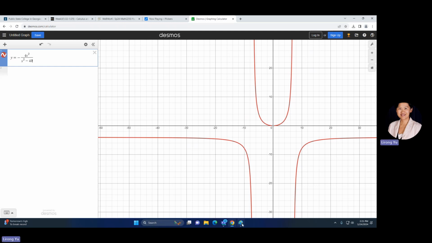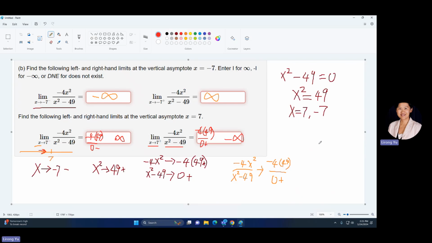All right. Of course, there's another way, which is just trying a number, because all you care about is positive and negative. You know they're all infinity. What you can do is plug in numbers. So for that one you can plug in x equals negative 7.1 and calculate the whole thing. You see that was a negative number, so you know that's negative infinity. This one you can plug in 7.1. It's positive.